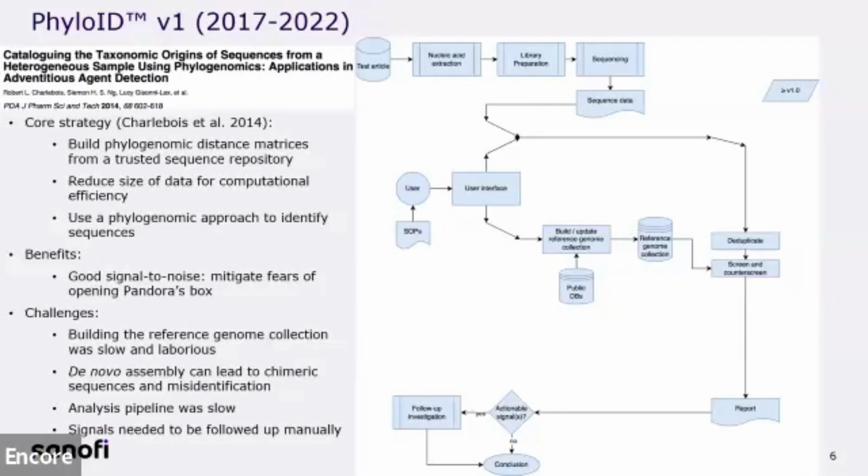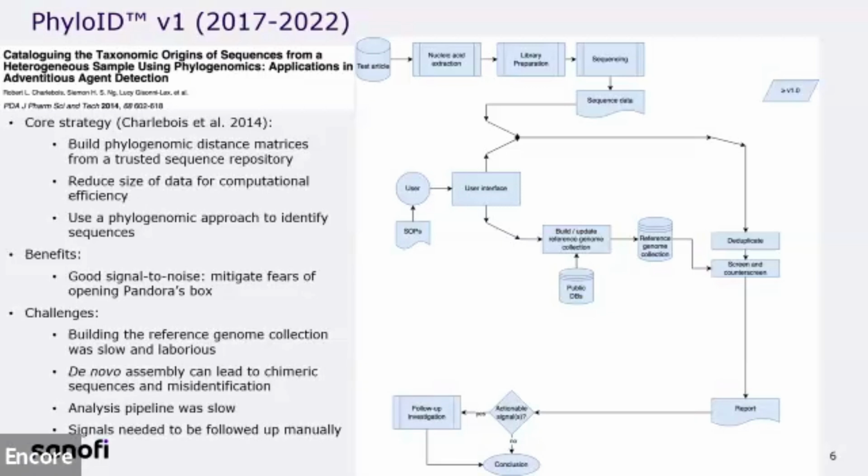We didn't really observe that, and we did some studies to show that, but it was a theoretical possibility. The analysis pipeline itself was slow and had to be done one at a time. And the signals needed to be followed up manually because we just did not have the experience to validate that inside the pipeline. Like I said, the challenges below were solved later.